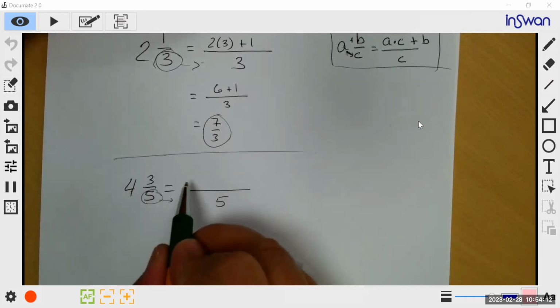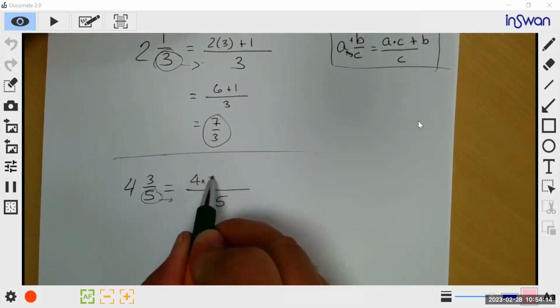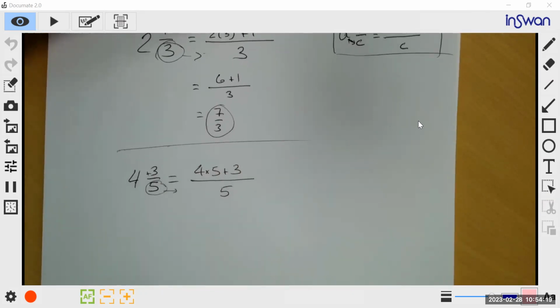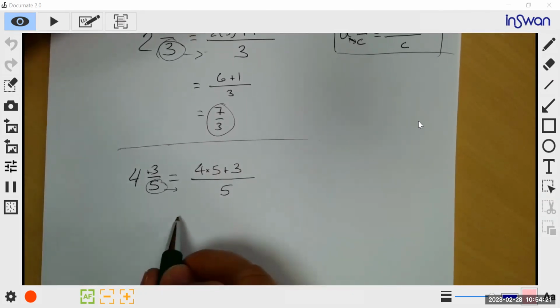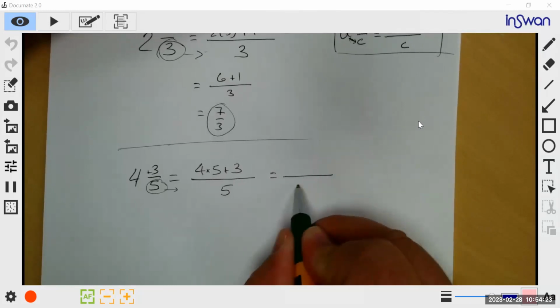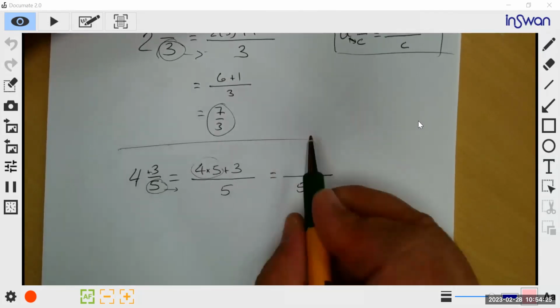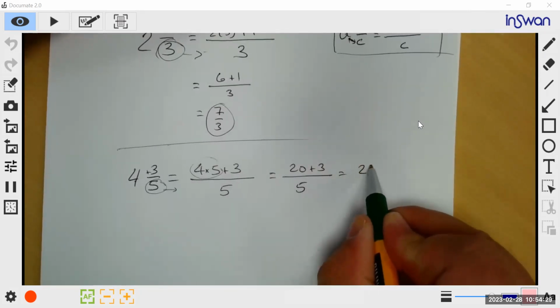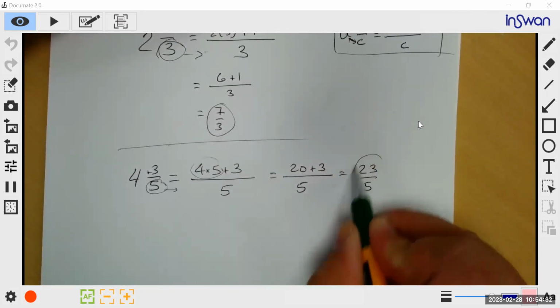So it's 4 times 5 plus 3. Four times 5 is 20 plus 3, 23 over 5.